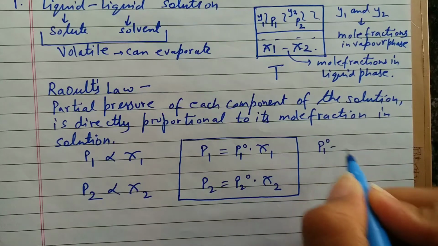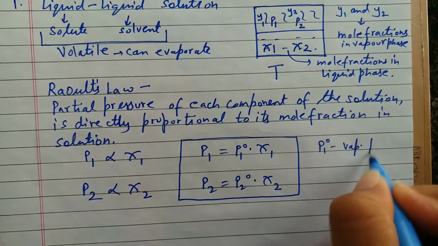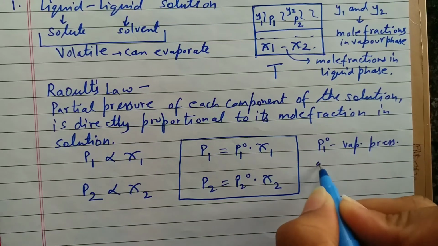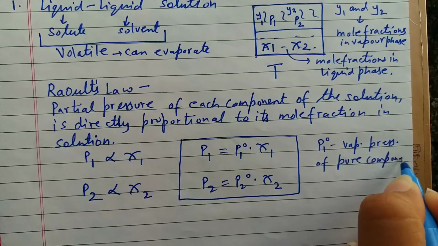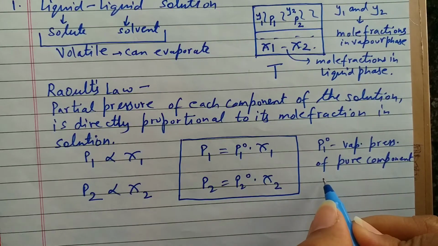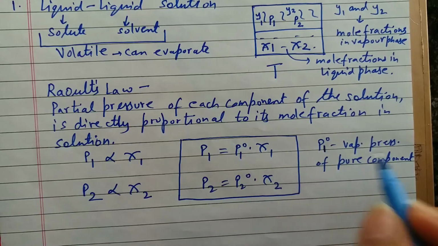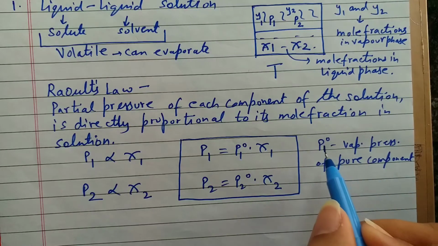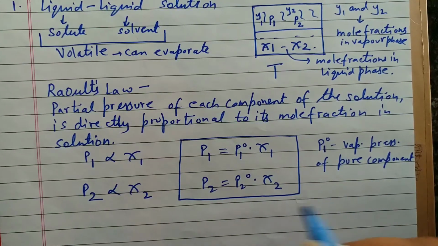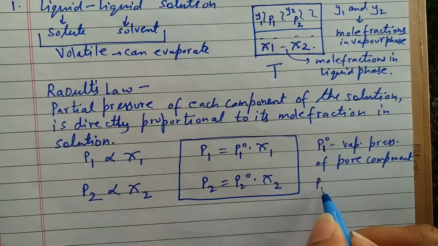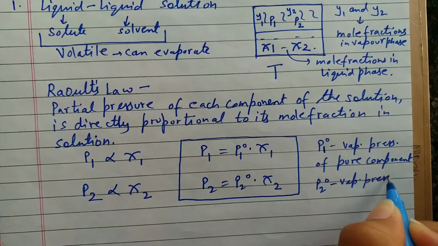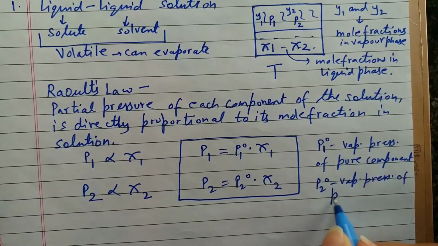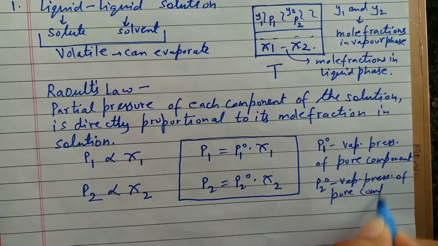Now what is P1 naught? P1 naught is the vapor pressure of the pure component number 1. Pure component, we have denoted it as 1. So this is the vapor pressure of the pure component 1. And likewise P2 naught is also the vapor pressure of the pure component, right?